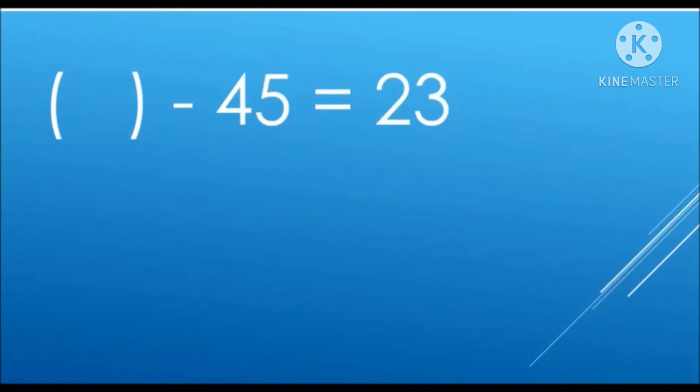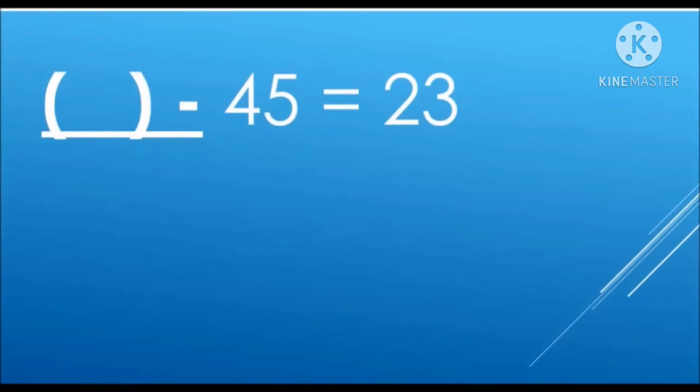Missing number minus 45 is equal to 23. To find the missing number, we need to look at the first two. The first two in this equation is bracket minus.